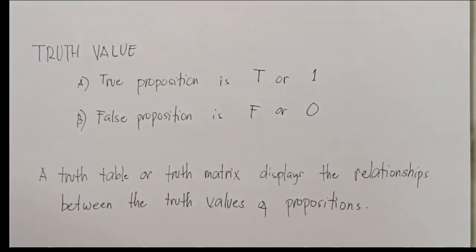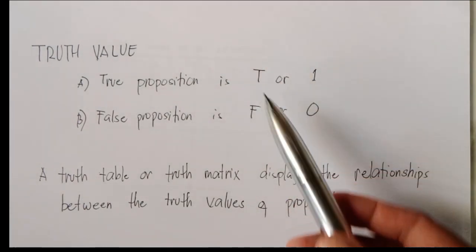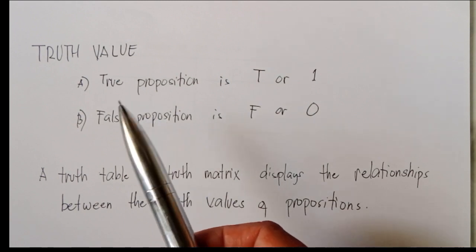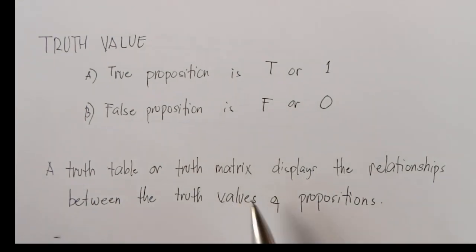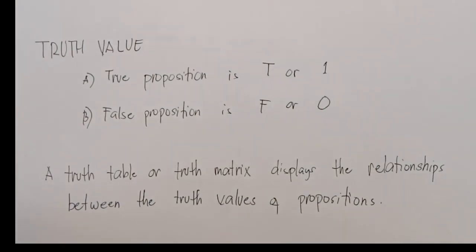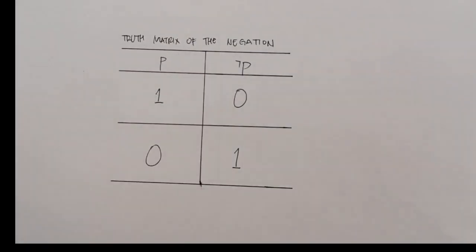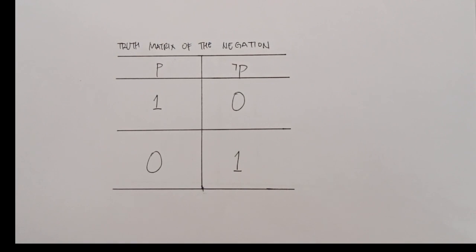Those are the values of a proposition, whether it is true or false. Now, we will be constructing a truth table or truth matrix. A truth table or truth matrix displays the relationships between the truth values of propositions.